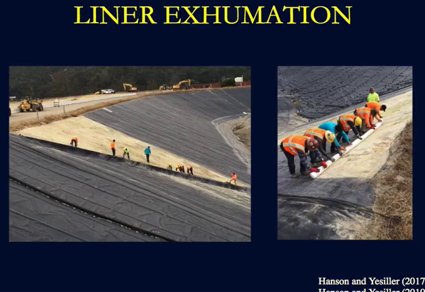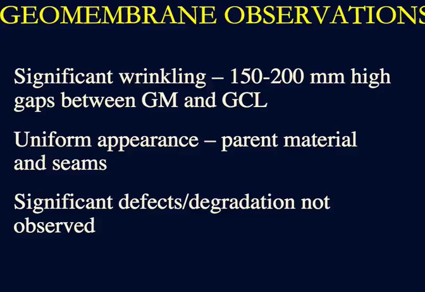It was during that period that our research crew had an opportunity to observe the status of the seams, take some additional samples of the GCL at that time, and make observations about the subgrade as well. And the GCL was rolled down the slope. You saw that crew in the previous slide rolling it down. They do that for a portion of the slope and then let it roll by gravity, the remaining.